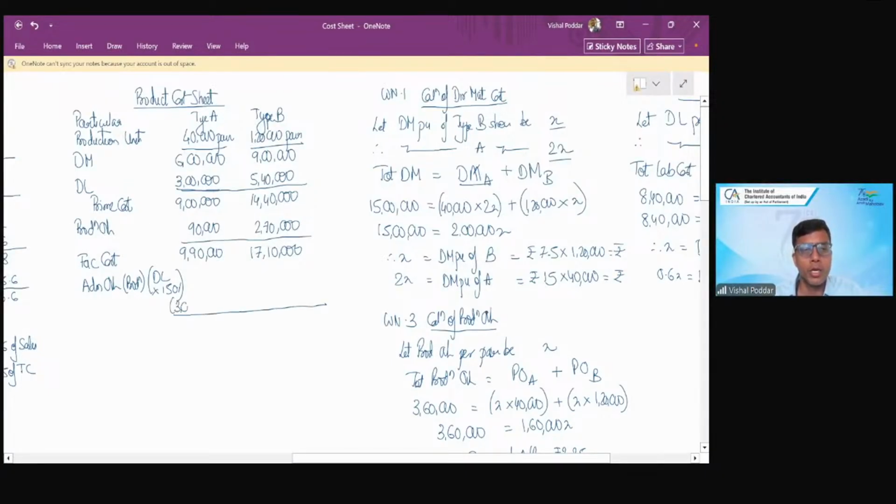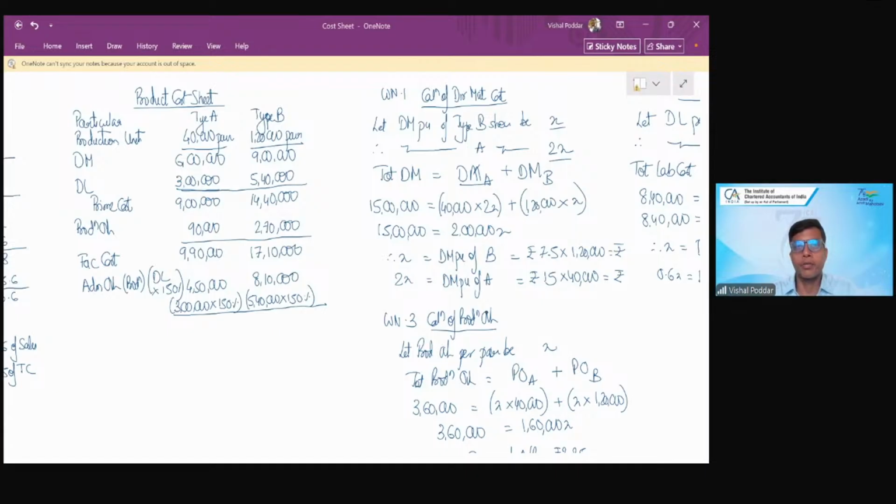So it is 3 lakhs into 150. And here it is 540 into 150. 540 half is 270, 270. So 810. Am I right, students?